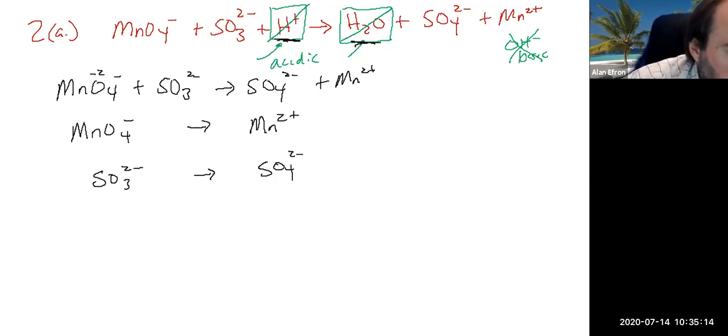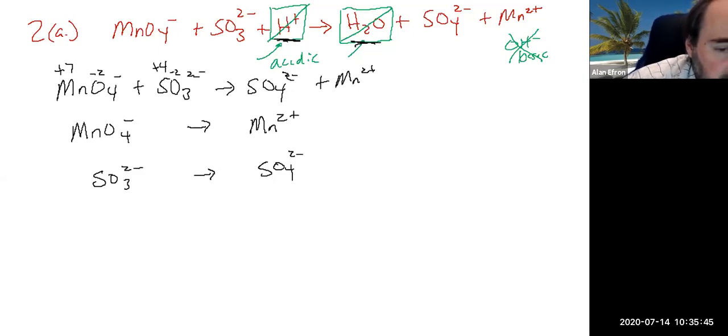There's 4 of them, which is -8, which means that the Mn in this case is +7. +7 and -8 gives us -1 overall. The oxygen here is -2, and the sulfur in this case then would be, that's -6, sulfur would be +4 in this case.